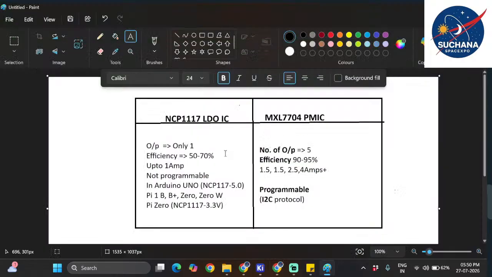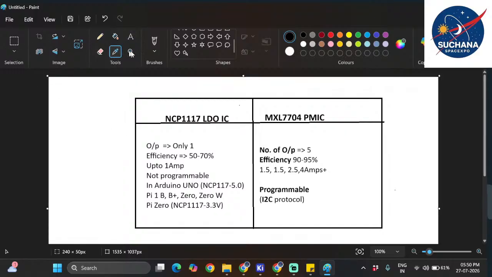We are just differentiating between 2 different ICs. Both are used in Raspberry modules, so what's the difference between them? I'm not going into much detail, just giving you an overall idea, so that you do self exploration and understand much better. Give me a second.